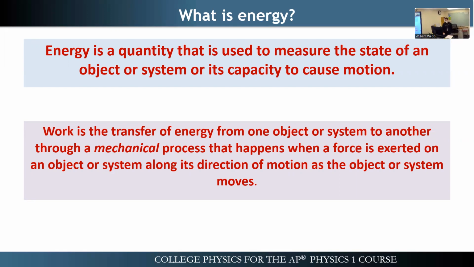Energy is this nebulous quantity we try to measure so that we can understand the motion or configuration of an object or system. Work is a more tangible measure of what's getting done and how that energy gets transferred. And then power tells us how quickly it happens.